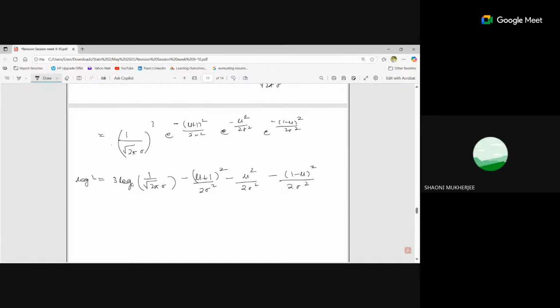After that, we have to take the partial derivative with respect to sigma square, so this will be the derivative of log L with respect to sigma square, right? So we will be differentiating these values.